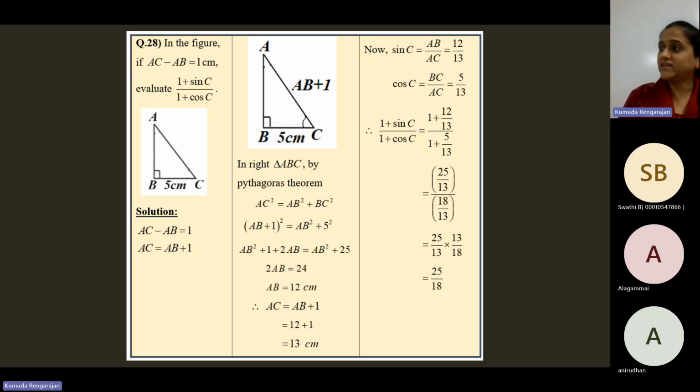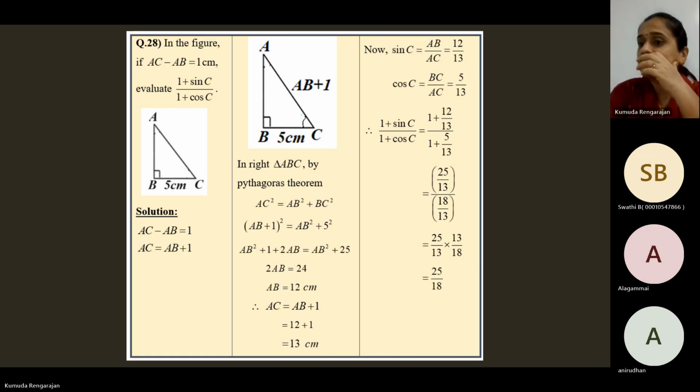You must find the 3 sides of the triangle and find sin C and cos C from the triangle. Substitute and calculate. You have to complete it at the end of the class. You understood your mistake?